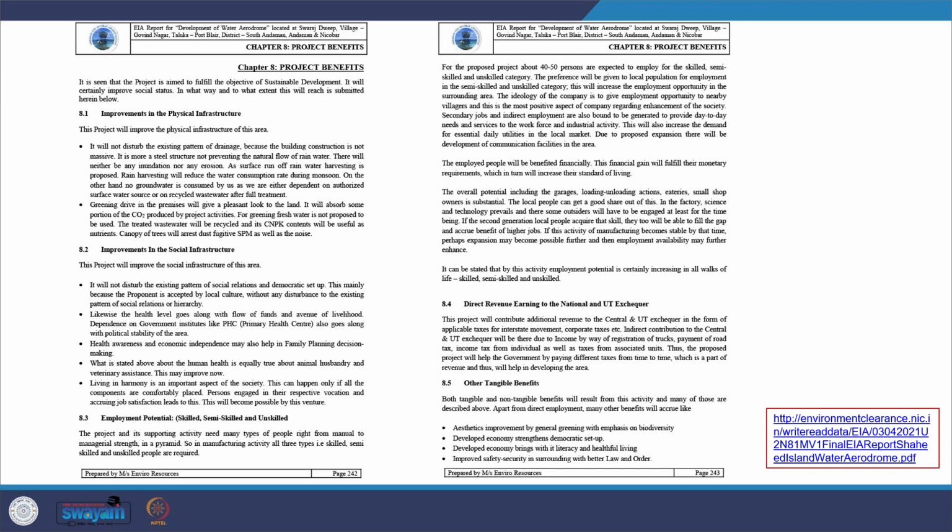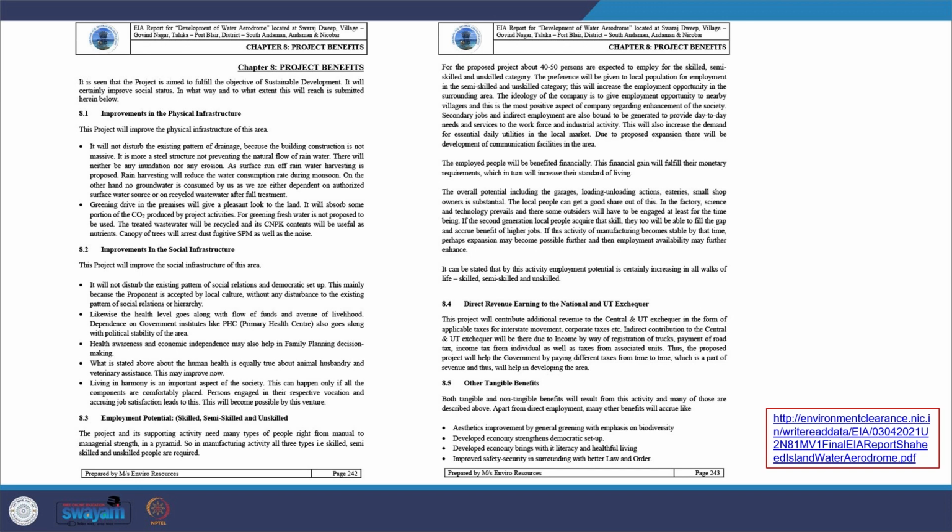The project predicts that there will be positive benefit from the project, and then there's direct revenue earning to the national agency here. So you see that the central government would benefit from this particular project.